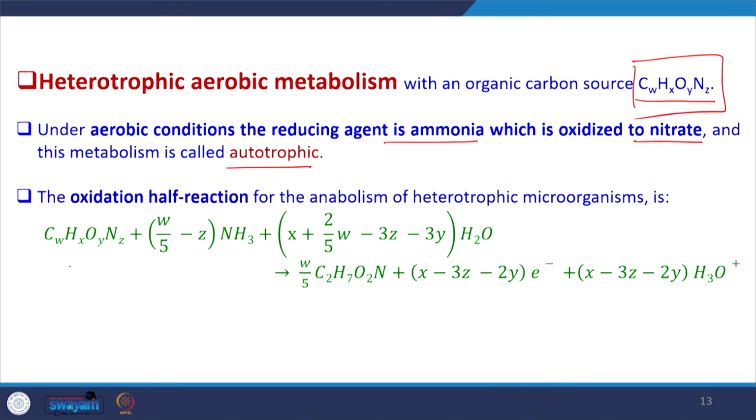So, we have this particular carbon source, this is ammonia, we have water, and we are forming the microorganisms, and we are releasing some amount of electrons and some amount of H3O plus. Because the CwHxOyNz values are given, we can easily balance this relationship using simple balance conditions, which were taught earlier.